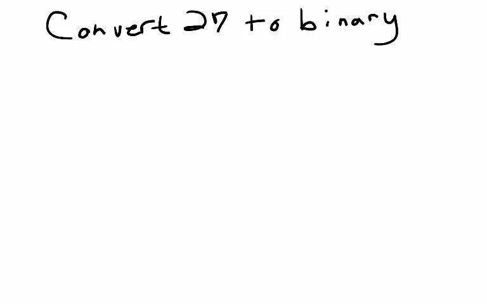In order to convert a number in decimal form to binary form, we'll begin by taking our decimal number, 27, and dividing by our base, which is 2. 2 goes into 27 13 times, with a remainder of 1.